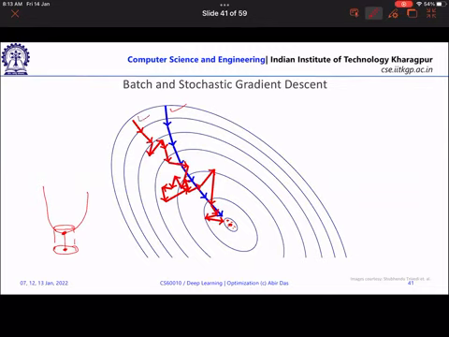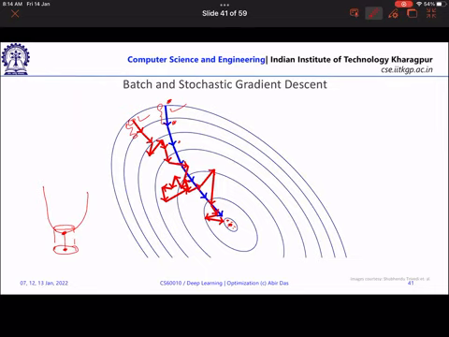What do these arrows mean? This was one theta, then the next theta, then the next theta, and so on. But remember that going from here to here in gradient descent, you are computing the gradient on all the examples. Going from one theta to the next theta in stochastic gradient descent, you are computing the loss for only one example, right?